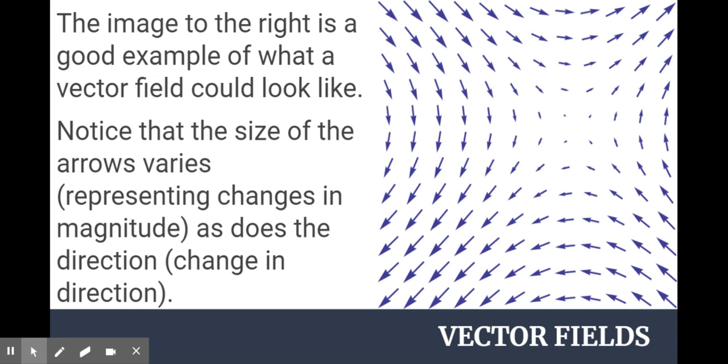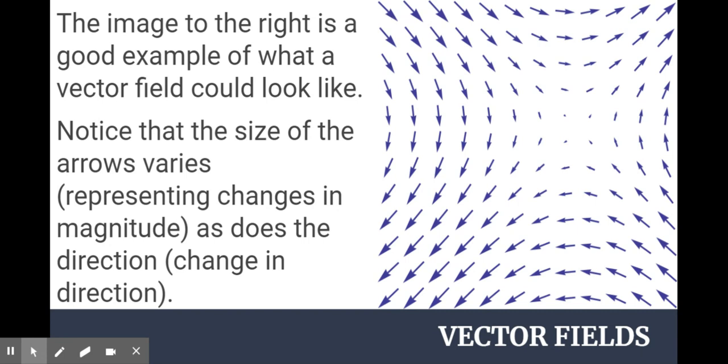So if I were at this point right here in the top left corner, and I wanted to know what vector would be there and how objects would be interacting with this vector, I would see that the direction would be down and to the right, and that most likely there would be a strong effect right here.